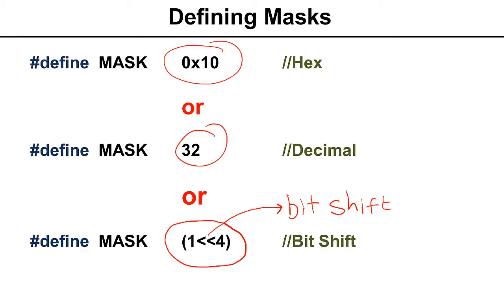It says take this number, in this case 1, shift it to the left by 4 bits. All right? 1 shifted to the left by 4 bits. That makes perfect sense. That's what a 1 is up here. It's a 1 shifted to the left by 4 bits.